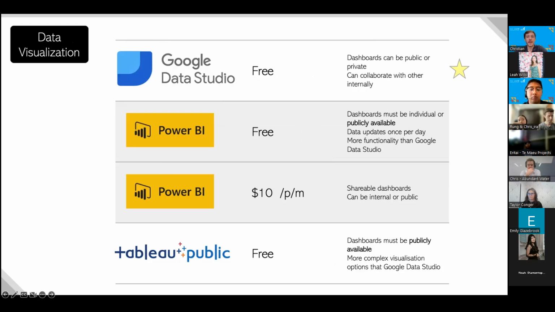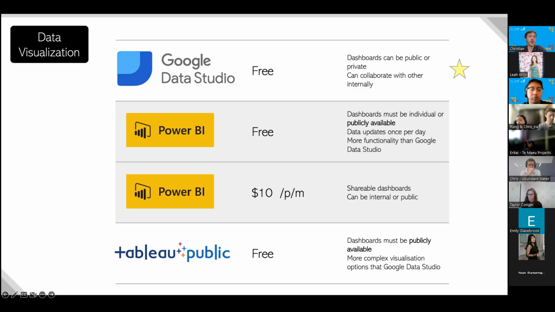And then on data visualization, again, if you Google it, there are so many different options, particularly for business KPIs as well. But the three main ones that I want to introduce you to are the three that are used in UNICEF WASH. And in fact, UNICEF is using all three of these in different places for different reasons.